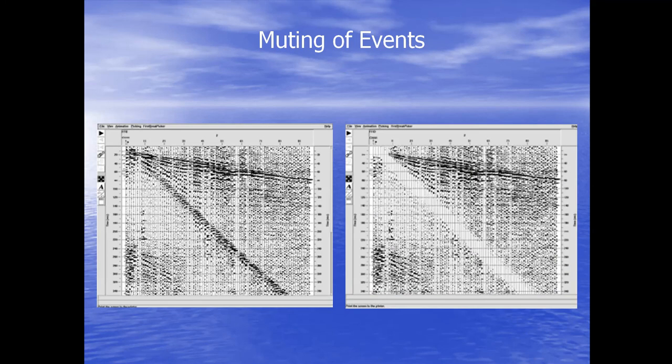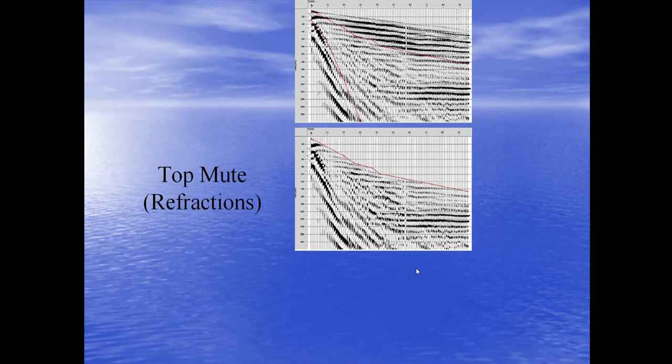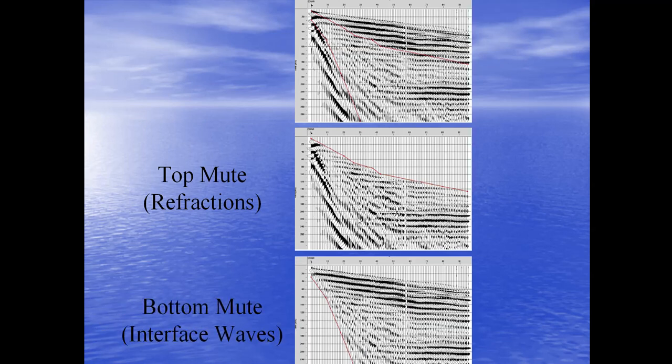And also we can remove this type of event by muting this part. This is called the air waves. And also we can remove from the top or base: top mute, base mute, and surgical mute as well.